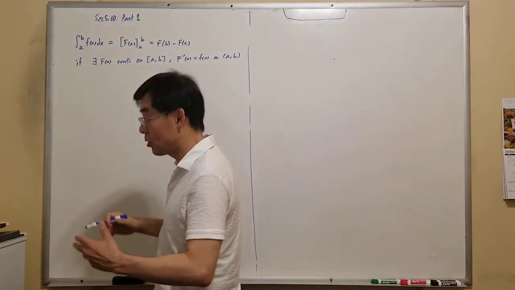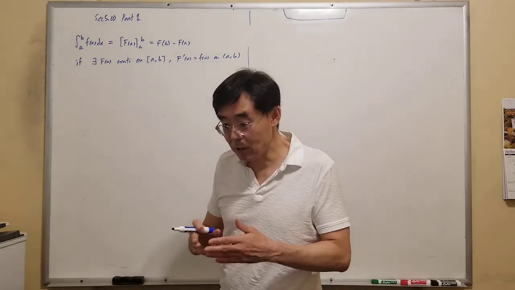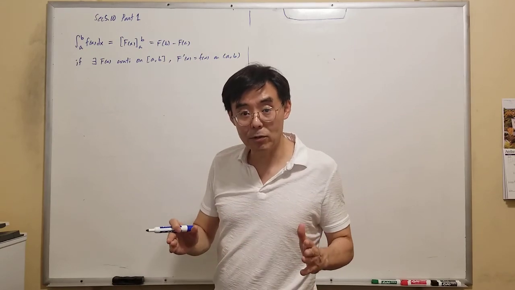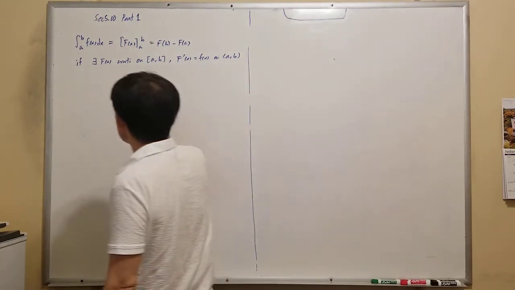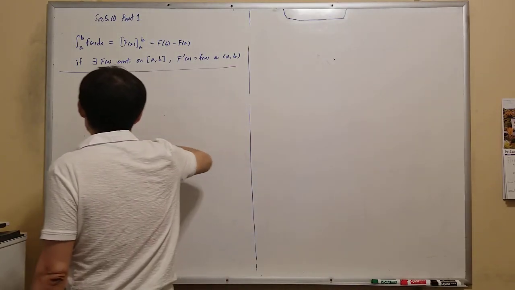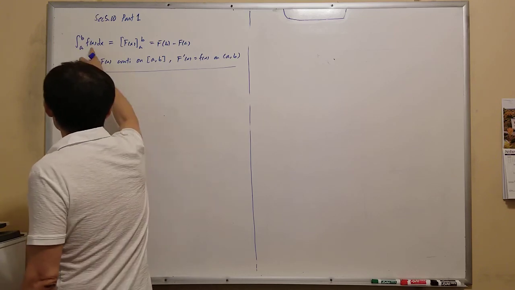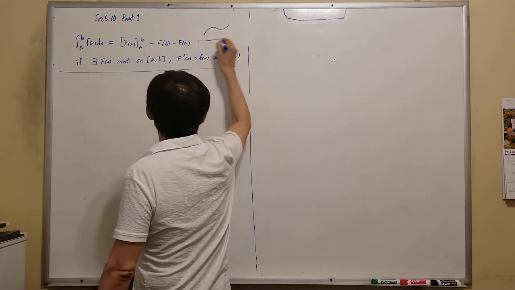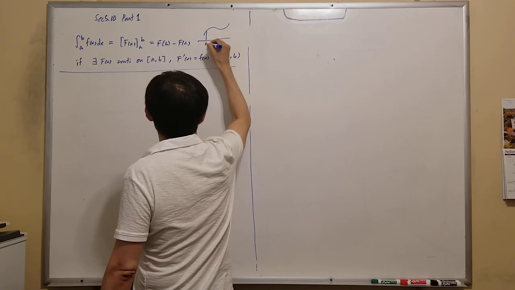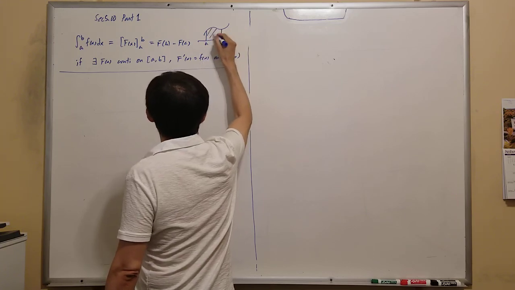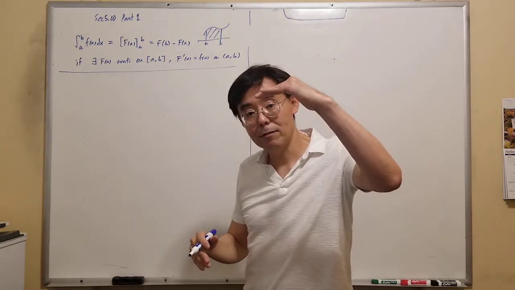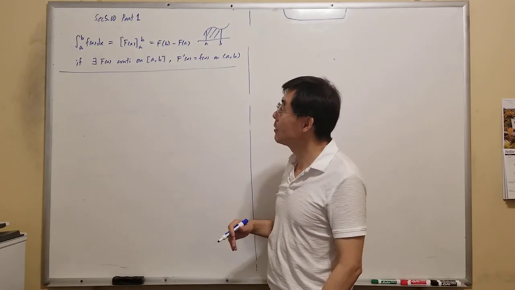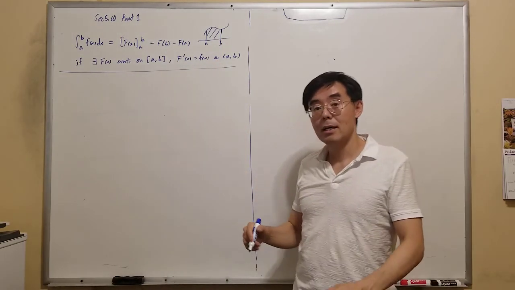So your function is continuous from a all the way to b, and this will also give you the area from a to b. If f of x is above the x-axis, then that's the area of that region.